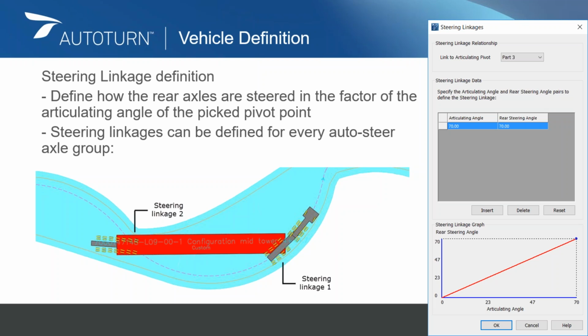So we developed this functionality based on the result. And this allows you to specify the linkage between the rear steer axles and the articulating angle of the vehicle in a format that is provided by the vehicle manufacturers and follows the industry standard for this.